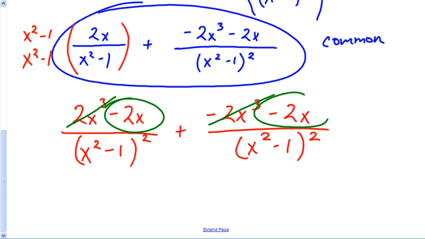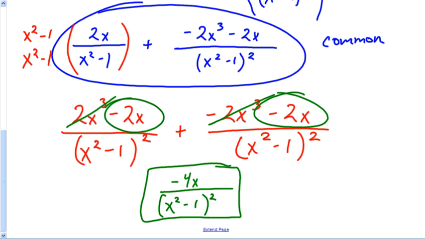Negative 2x becomes negative 4x over x squared minus 1. And we've got the exact same answer. But I hope you can look at this and respect how much cleaner the algebra was by using just the quotient rule.